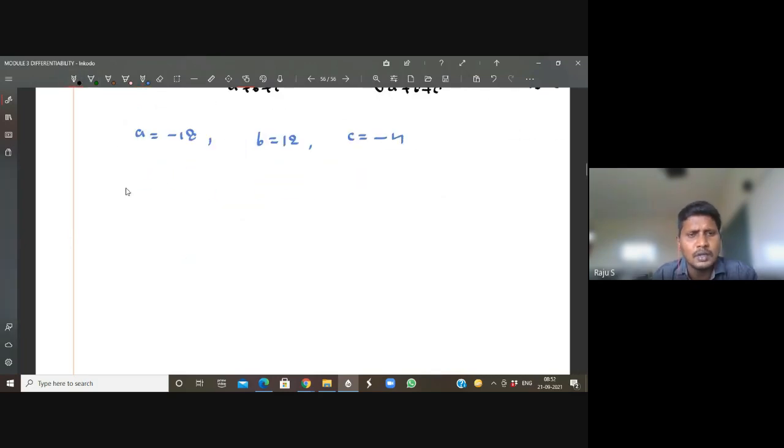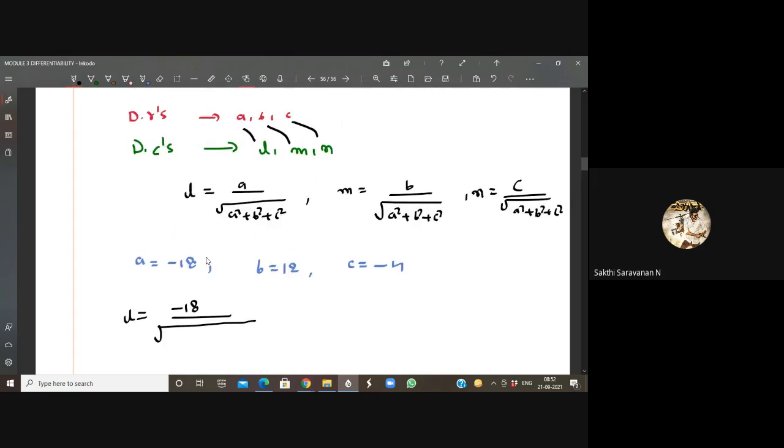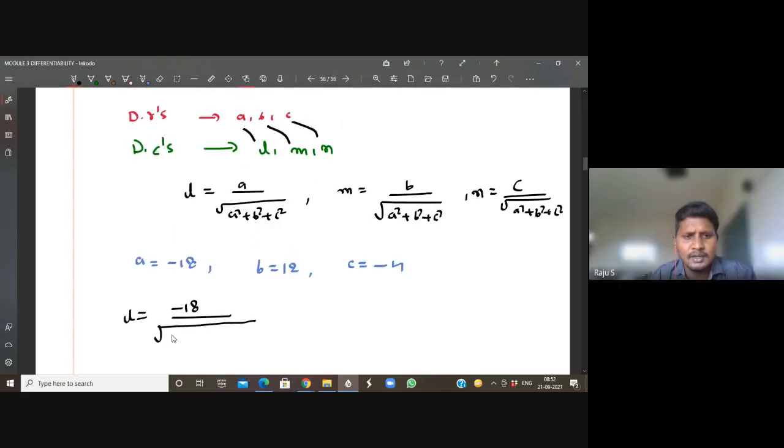No. So l is minus 18 by root over minus 18 square plus 12 square plus minus 4 square. This is equal to minus 18 by root over 18 square. What is the 18 square value, students? 324.